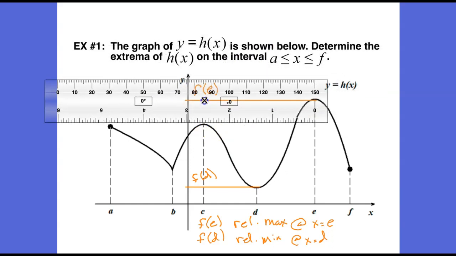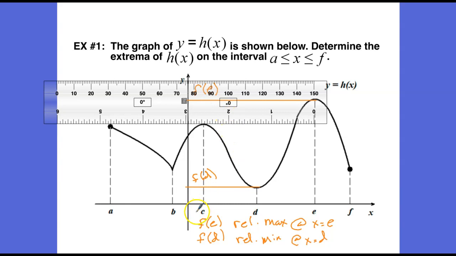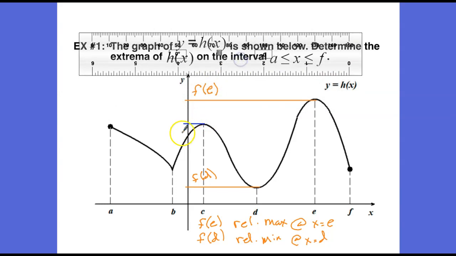So if we were to constrain our interval to maybe a to d, we would have a relative maxima located at f of c.